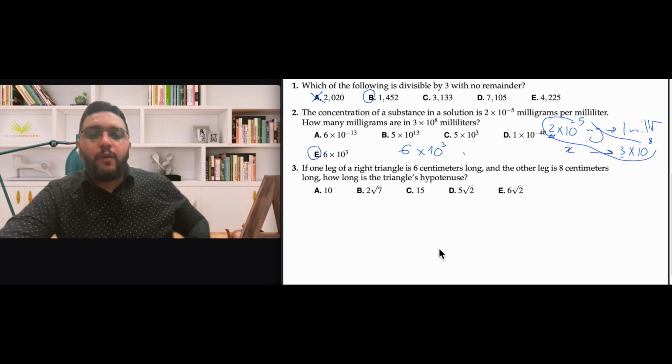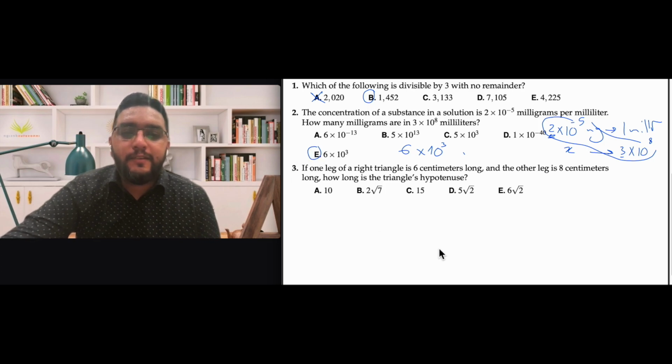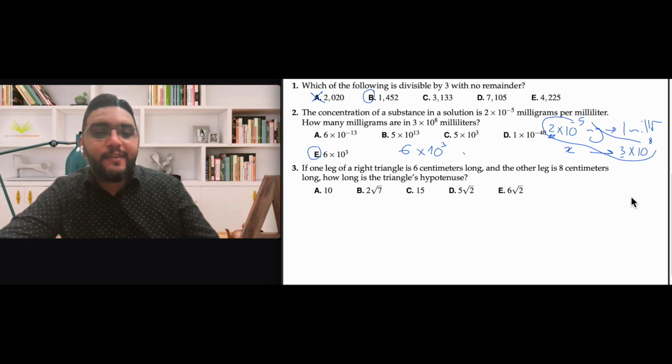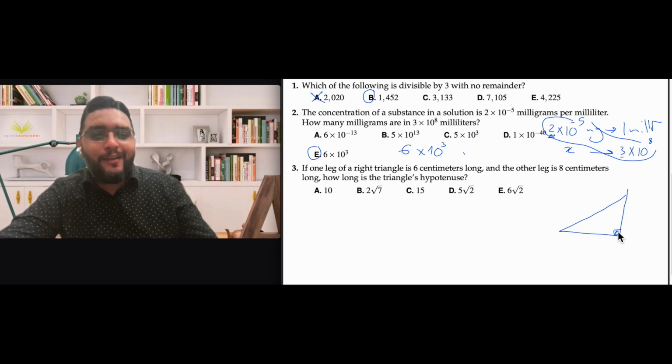Next question, if one leg of a right triangle is 6 centimeters long and the other leg is 8, we have a triangle like that. This is 6 and this is 8. How long is the triangle's hypotenuse? We want to find the length of the hypotenuse.